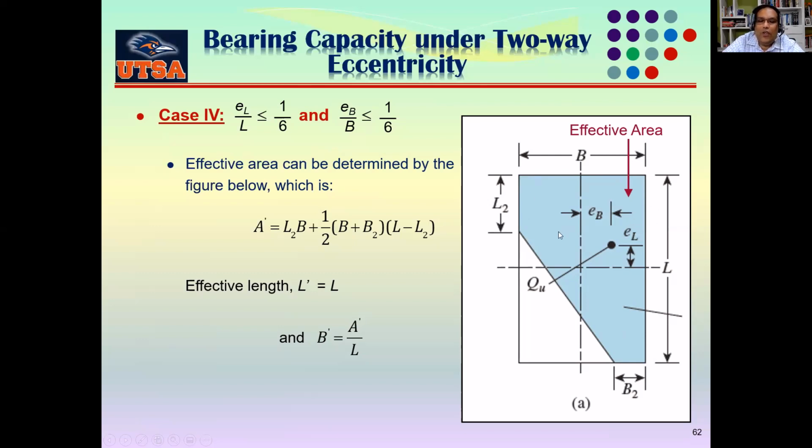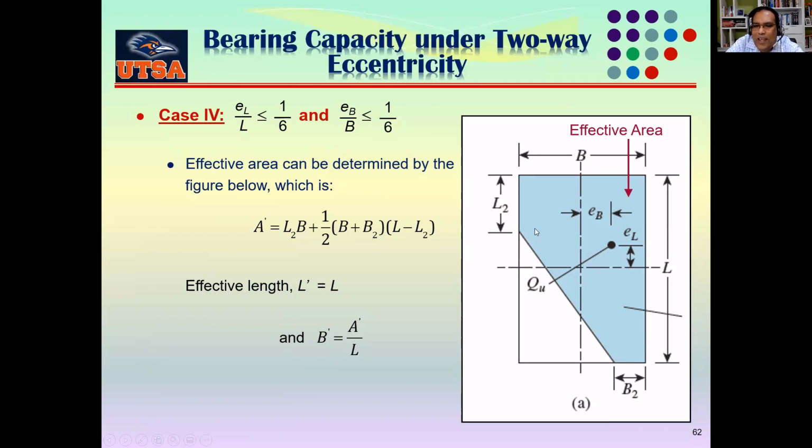So what's the total effective area now? You can just draw a line here. For that part, that would be L2 into B, right? That's a rectangle here, L2 into B. And then for this part here, you can just get this plus this divided by 2, multiplied by the length from here to here.